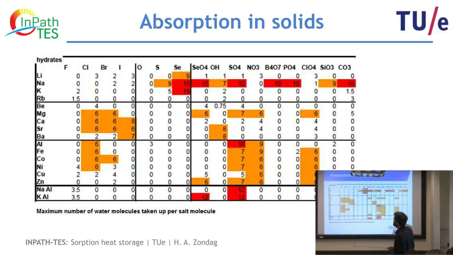Barium iodide, 7 hydrates. Sodium sulfate, 10 hydrates, our famous Glauber salt. We still know it from the PCM applications. Sodium selenide, 16 hydrates. Potassium selenide, 19 hydrates. However, these are not very convenient because selenide is a very unpleasant material to work with. But as you can see, many salts form hydrates.